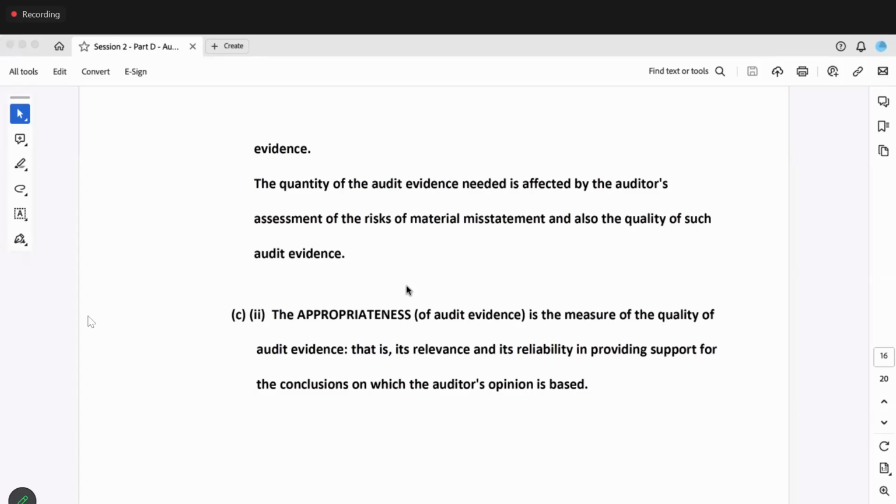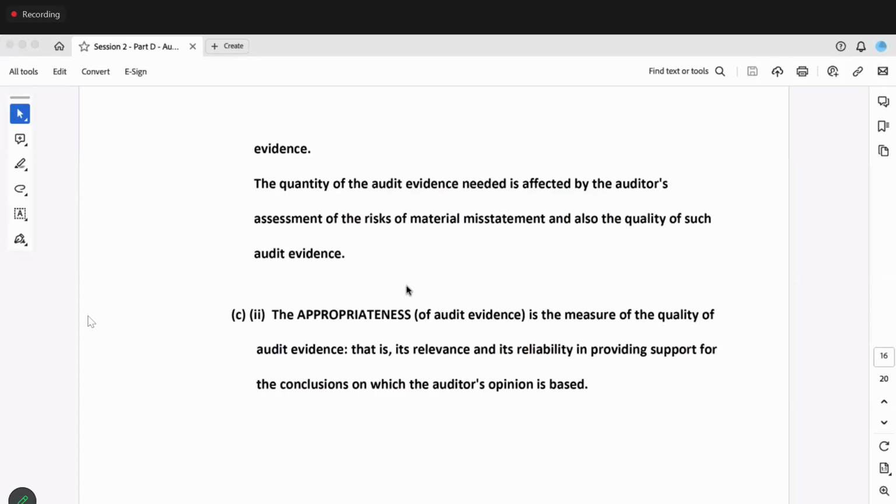To obtain appropriate audit evidence to support existence, all right, we should do a physical site visit. It's very appropriate. And there is probably no other audit procedure that is able to give you audit evidence on how the building actually looks like. True or not? Right. So that is appropriate.